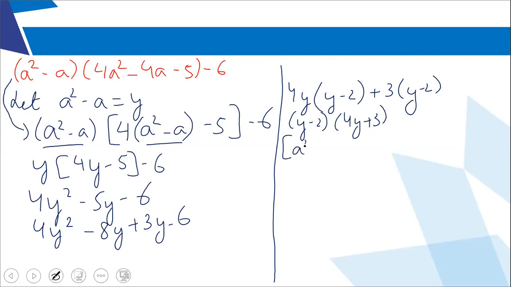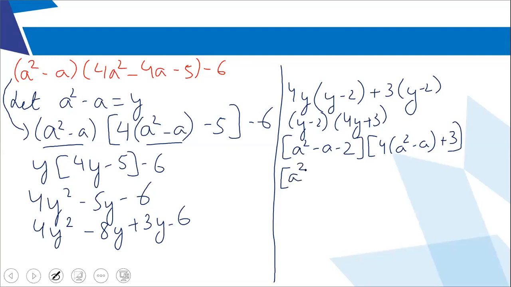So a square minus a minus 2, and in the other bracket, 4 into a square minus a is 4a square minus 4a plus 3.